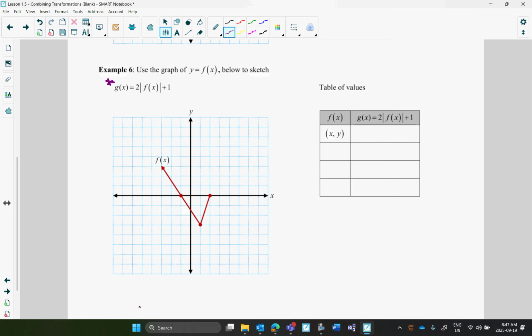If it's outside the function, y's. And what's it going to do? It's not going to do anything to positive numbers, but it's going to change every negative one to a positive. So absolute value affects y's.